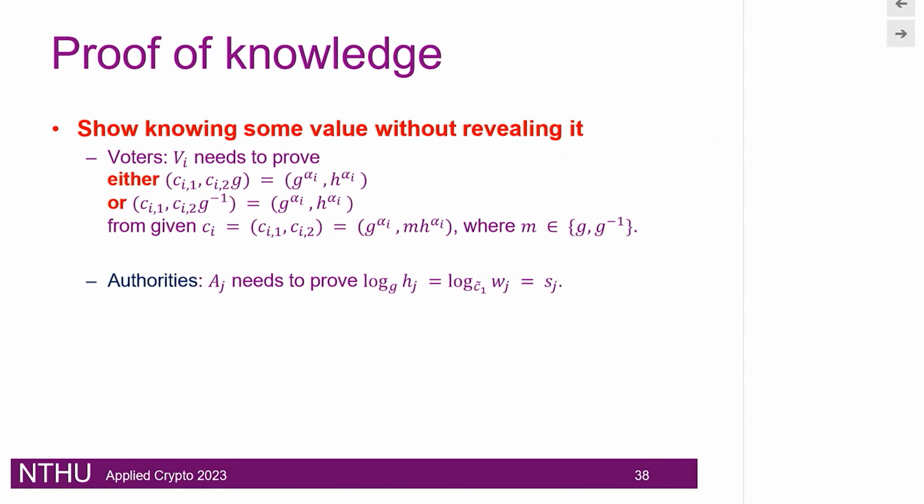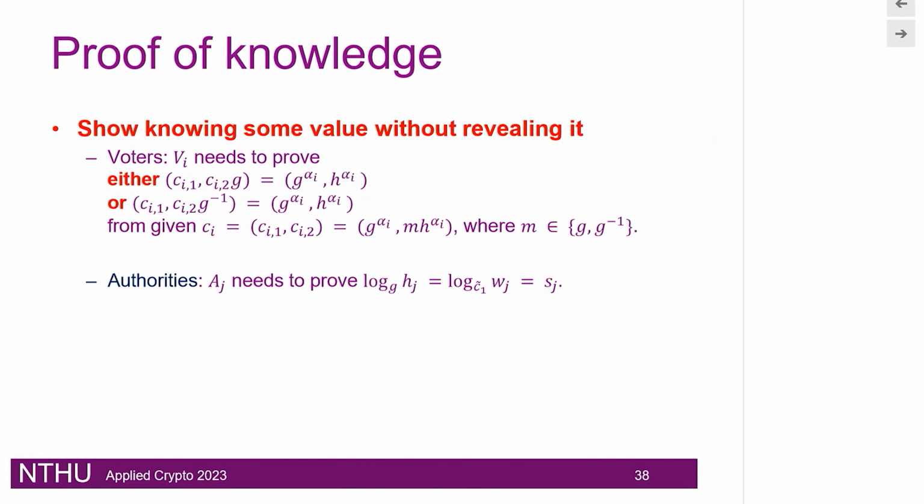So if you look into the voters, we show that each voter has to prove that they vote for one of two values.